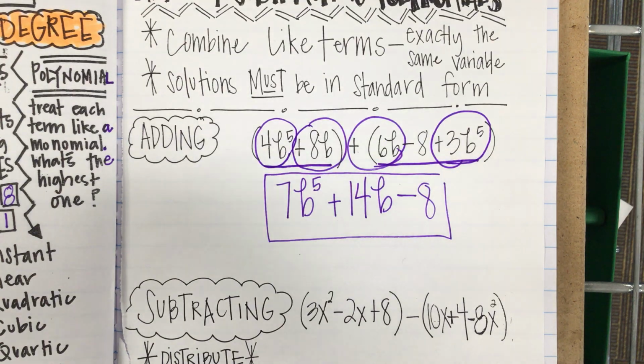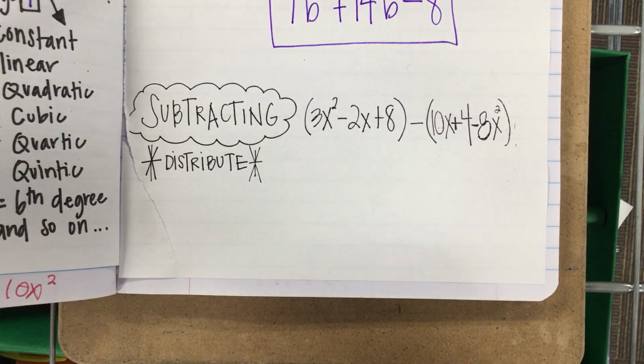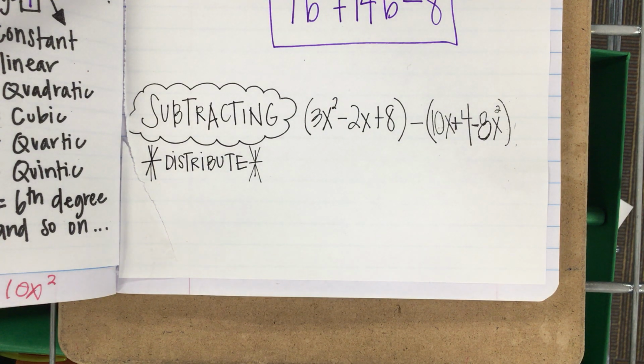Subtracting is the one that's going to mess you up. Subtracting says distribute. Because that minus sign between my two polynomials belongs to everything.